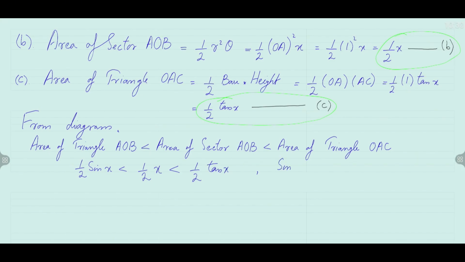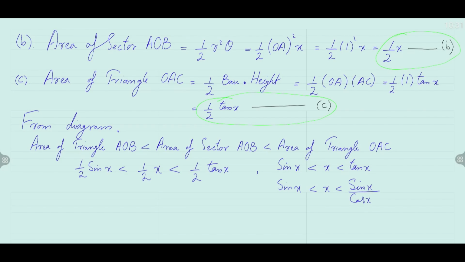By eliminating 1 by 2, we get sine x less than x less than tangent x, and tangent x is sine x by cos x, because as you know tangent x is equal to sine x by cos x.